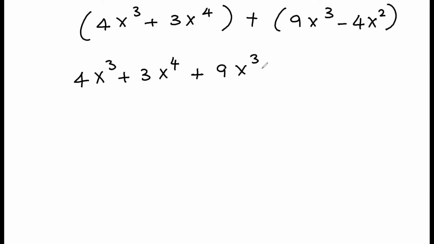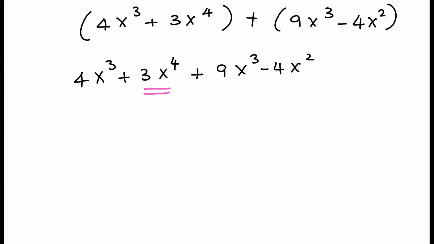So 9x cubed minus 4x squared. Now, once this is done, I am going to start with the highest exponent of the variable and combine the like terms. If you notice, the degree of this polynomial is 4. So you start with 3x to the fourth power, and I see that there is no other term that has x to the fourth power in it.